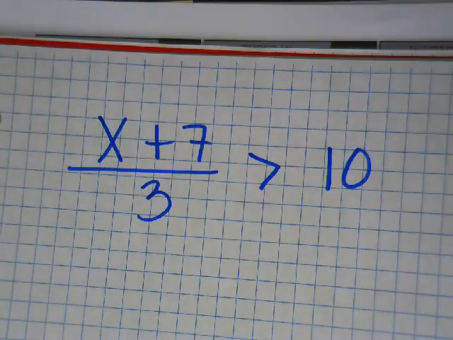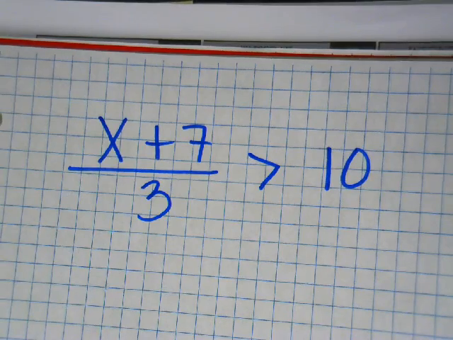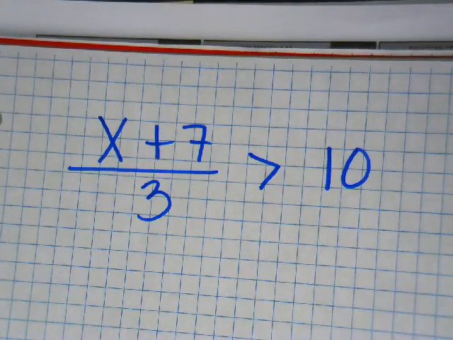We haven't done this one yet, so we're refreshing the brain. What's the difference between this one and the one we just did? It's combined. I like that. Everything is being divided by 3. Todo dividido por 3.